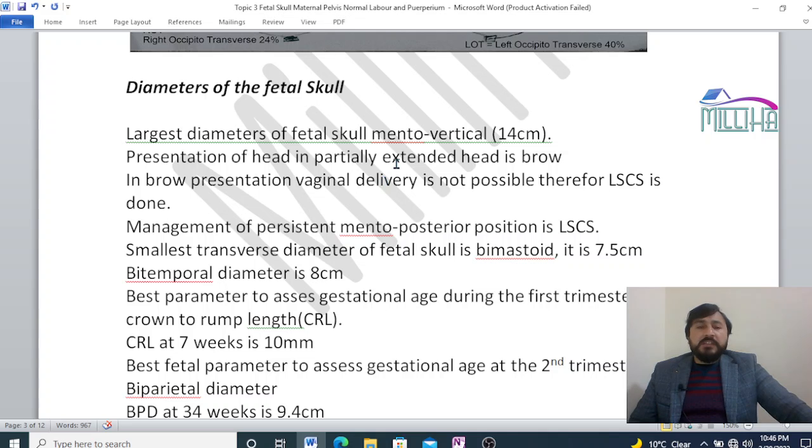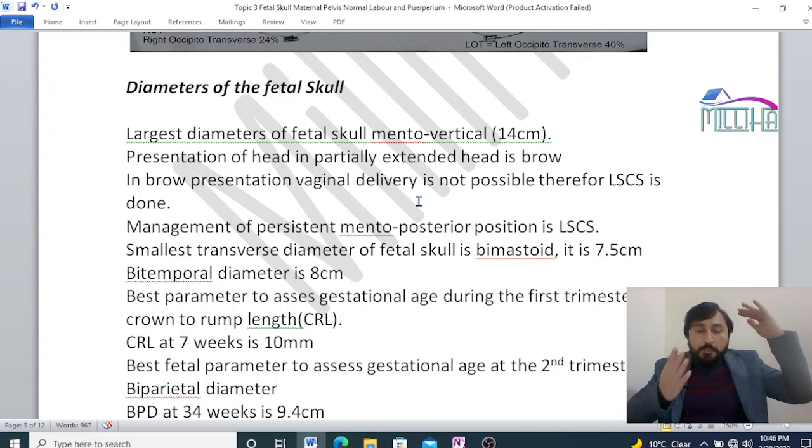Okay. Diameters of the fetal skull. The largest diameter of the fetal skull is mento-vertical, 14 centimeter. Presentation of the head in a partially extended head is brow presentation. In brow presentation, vaginal delivery is not possible, as I had mentioned earlier, because the diameter is very large.